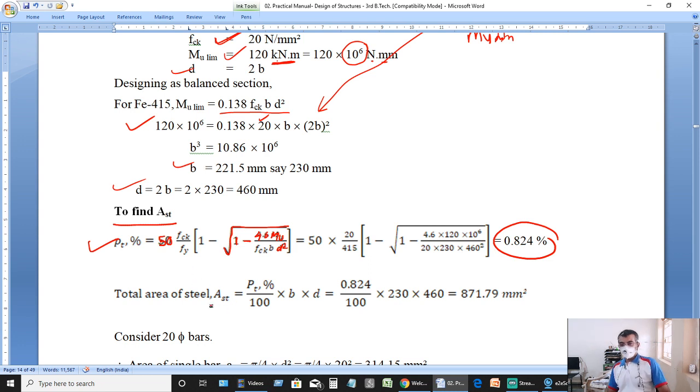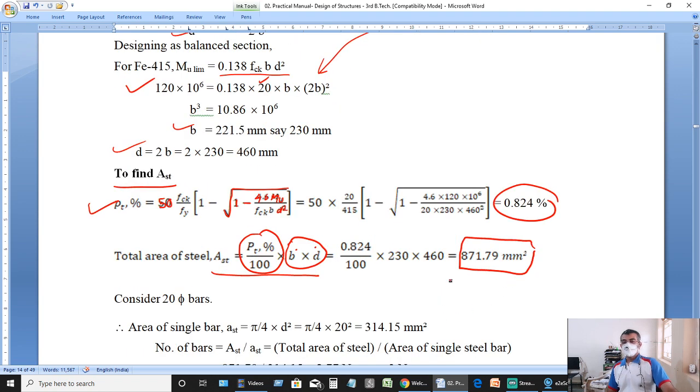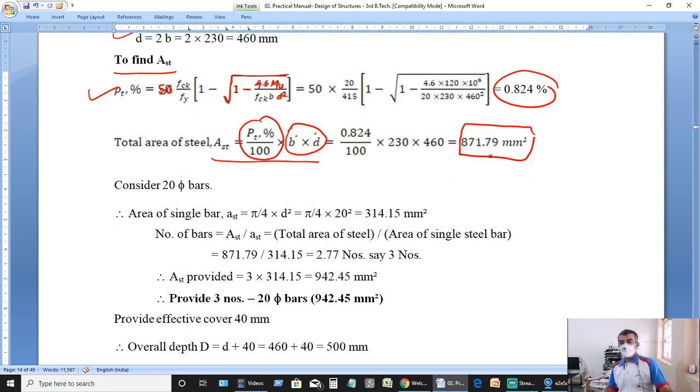So total area of steel AST will be the percentage steel PT into area of concrete, that is b into D, and the area of steel required is 871.79 mm square. So now this is the total area AST required, right? That is required to be provided.